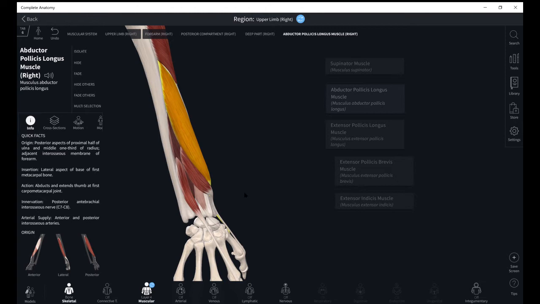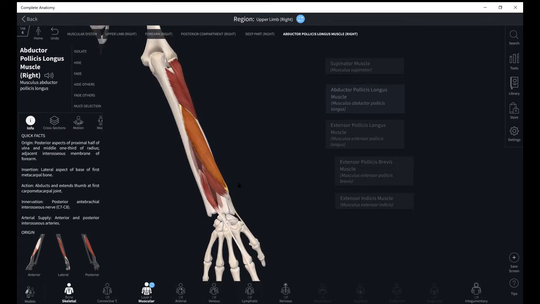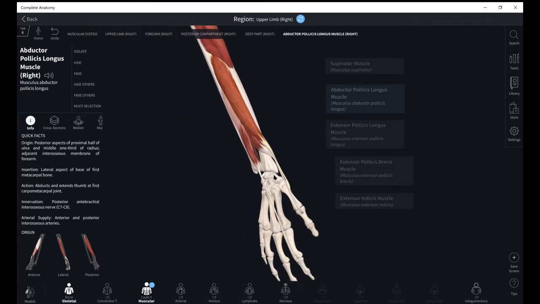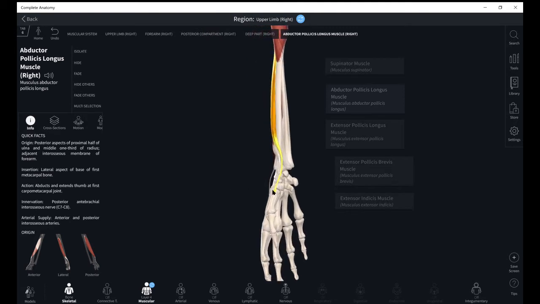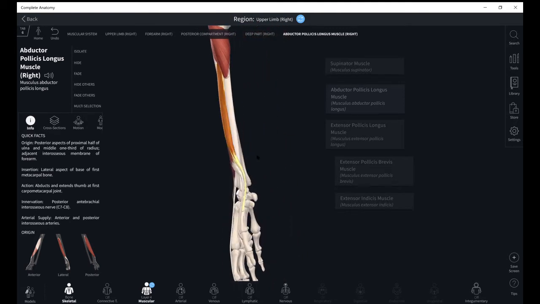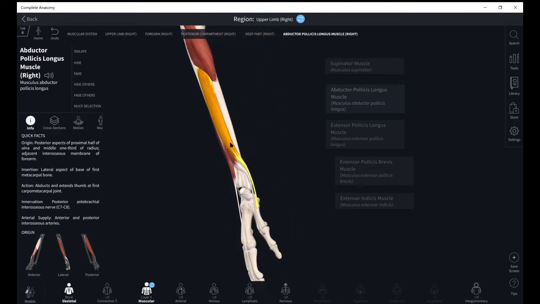Its insertion is the lateral aspect of the base of the first metacarpal bone. Get that turned all the way, and it's that unique origin and insertion that gives that muscle its ability to perform its action, which is abducting and extending the thumb at the first carpometacarpal joint. Again, innervation is C7, C8.